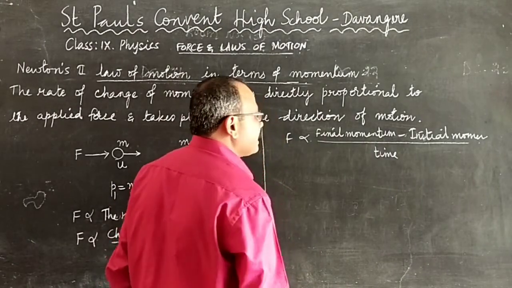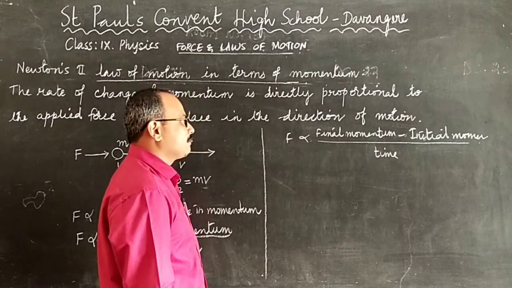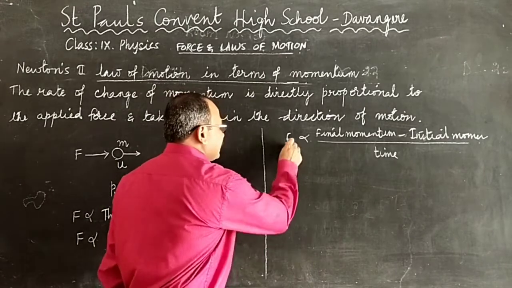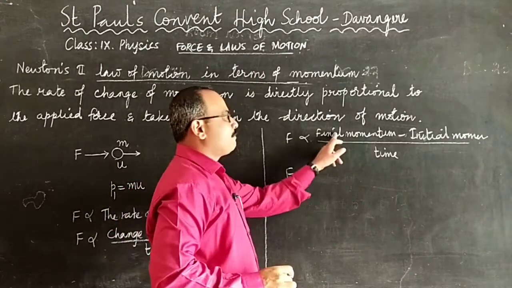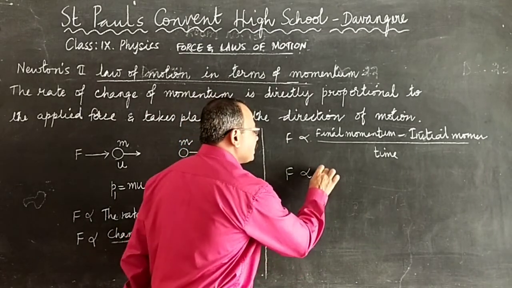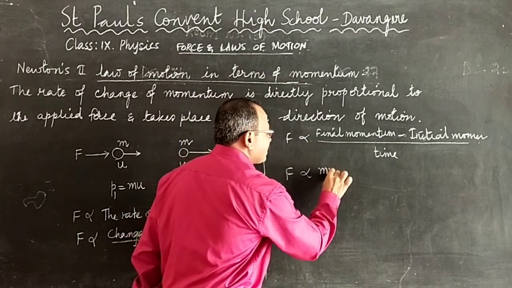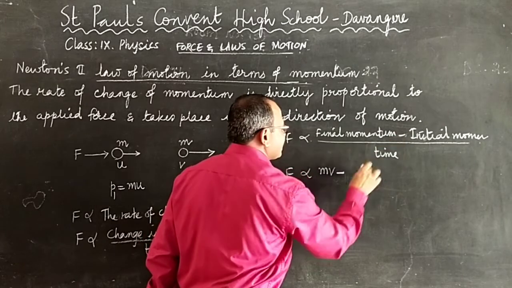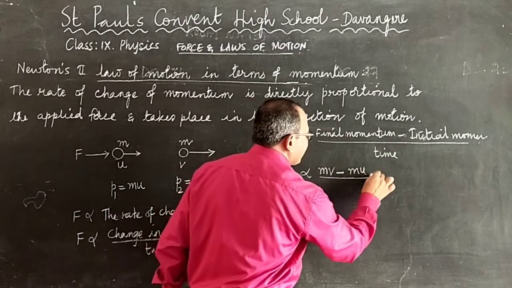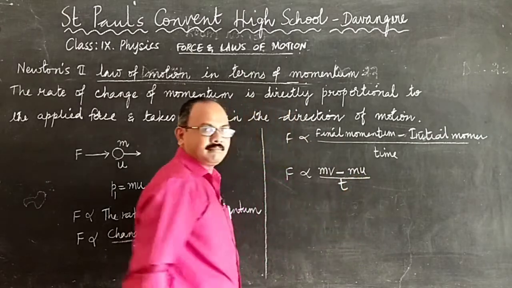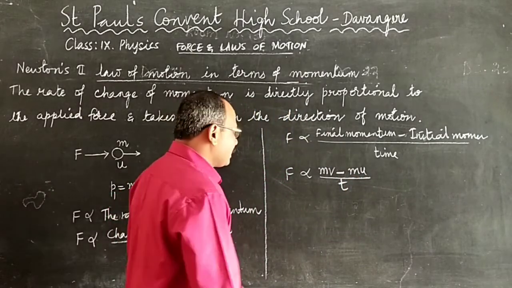Therefore, let me consider this in this way, children. F, let me keep as it is, proportional to final momentum, which is m into v, minus initial momentum, m into u, divided by time taken. Listen carefully, children.